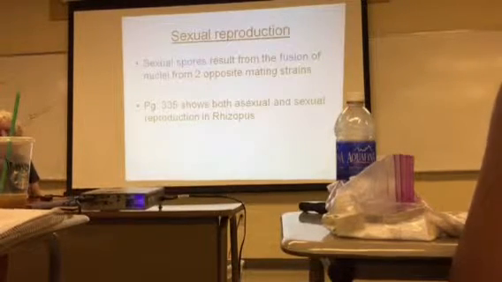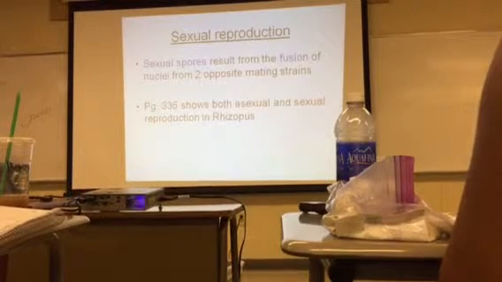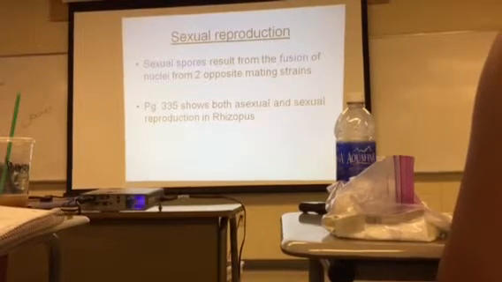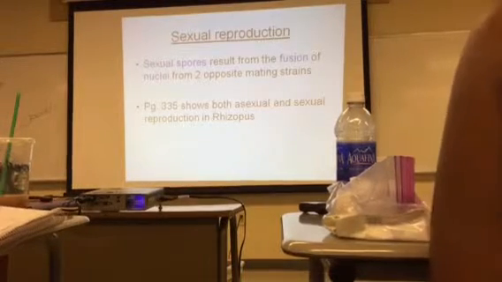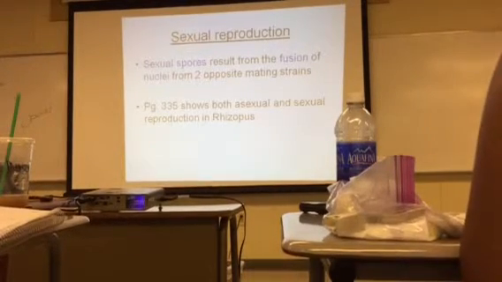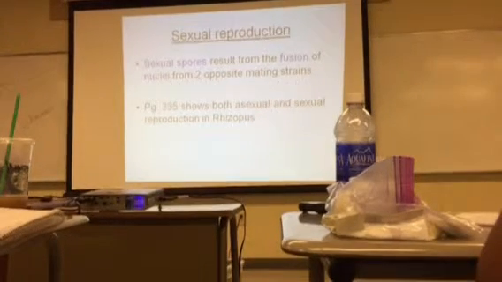Sexual spores result from the fusion of nuclei from two opposite mating strains. And on page 335 in your textbook, it's going to show you both the asexual and the sexual reproduction in this Rhizopus.